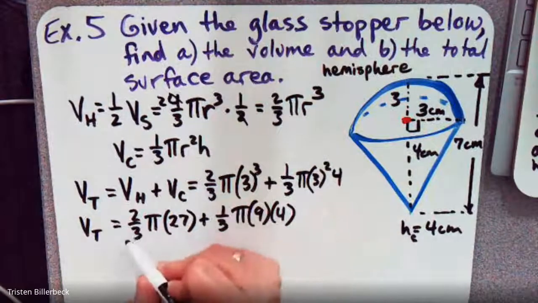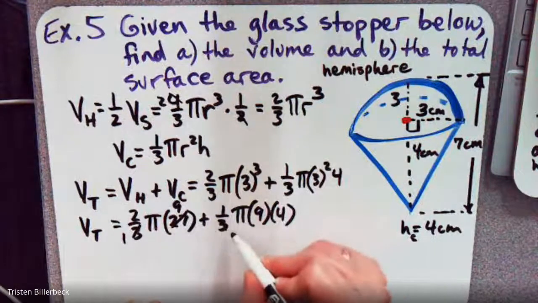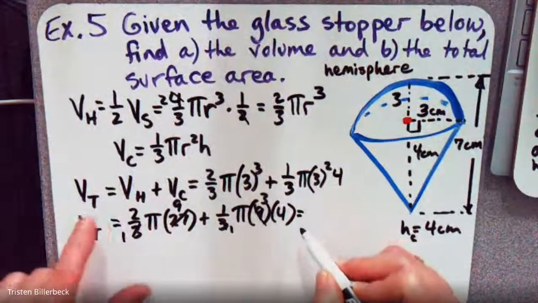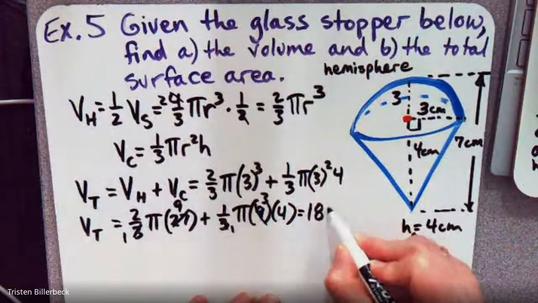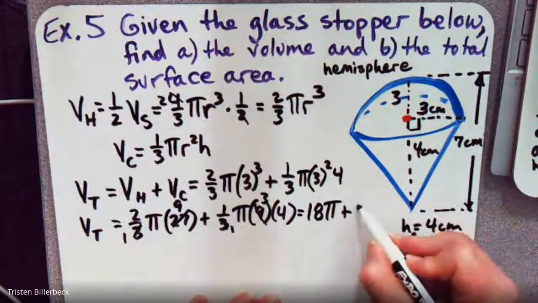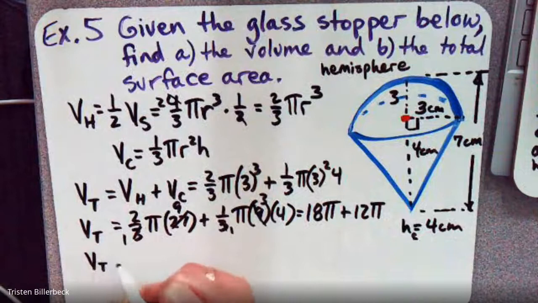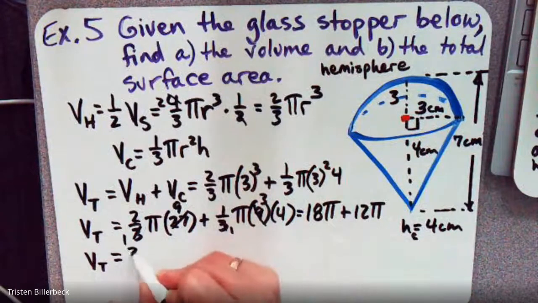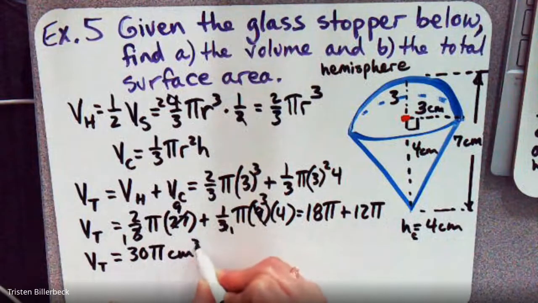We can take a 3 out of here and make that a 9, and a 3 out of here and make that a 3. So we have 2 times 9 is 18 pi, plus 3 times 4 is 12 pi. So the total volume of this glass stopper ends up being 30 pi centimeters cubed.